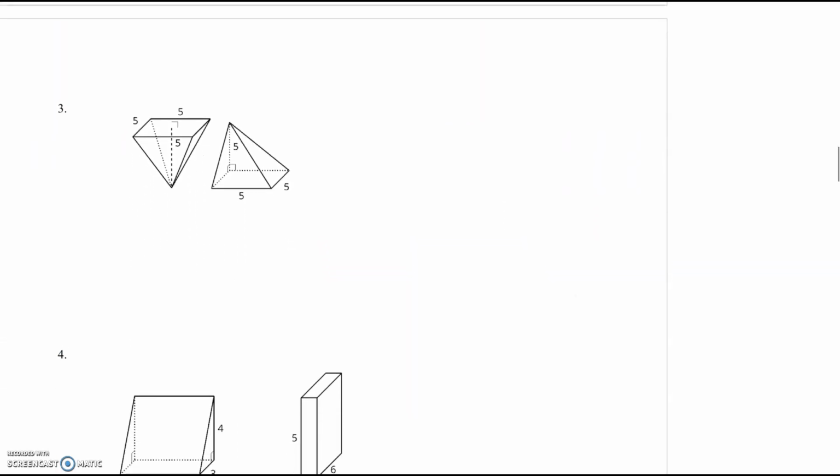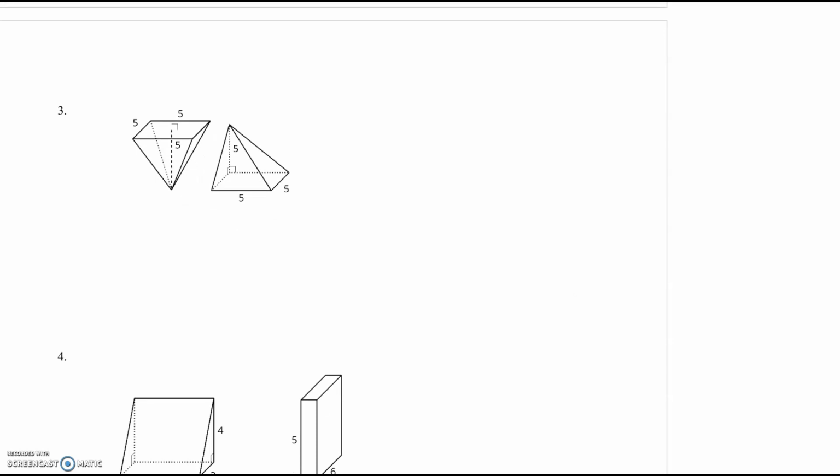Moving down here, notice number 3. On the left-hand side, we have a square pyramid. The base area here is going to be 5 times 5, or 25 square units. And on the right-hand side, we also have a square pyramid with a base area of 5 by 5, or 25.